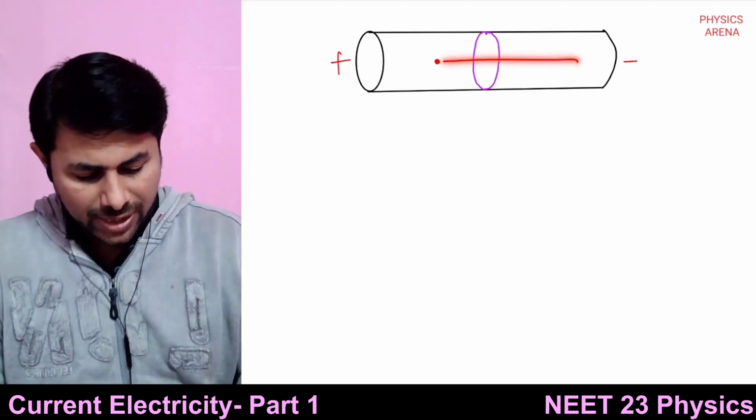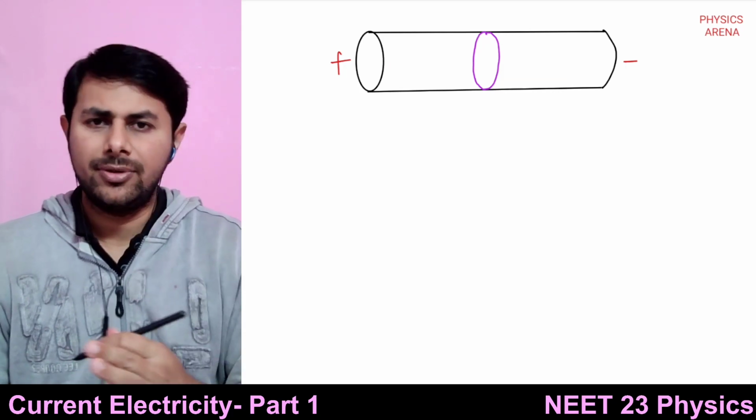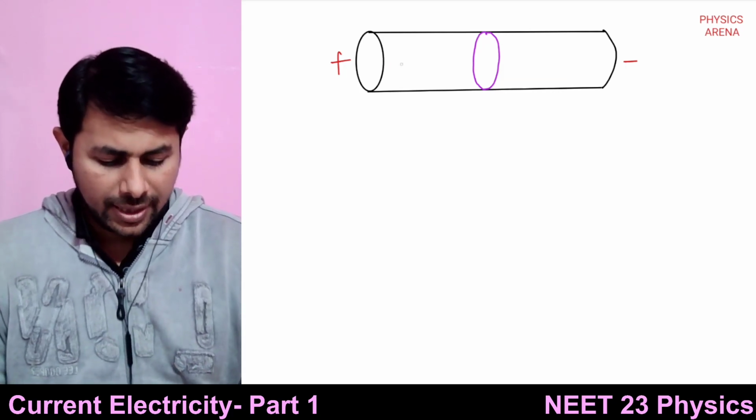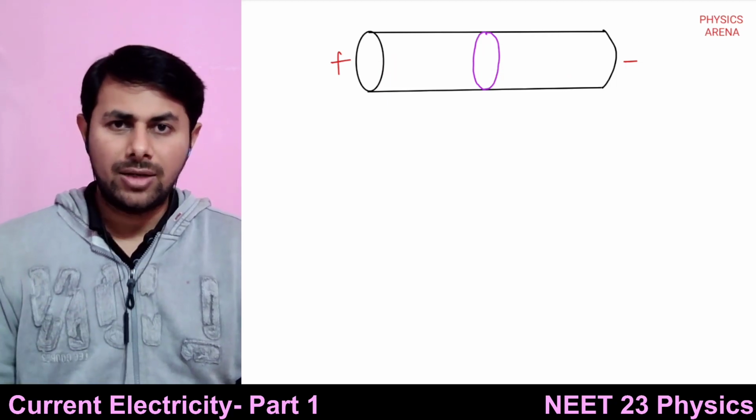If negative charge is moving from, let's suppose, right to left, we can say equally that positive charge is moving from left to right. How?